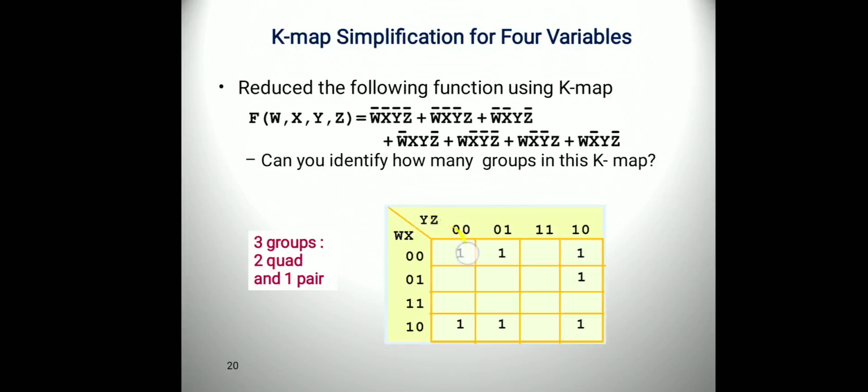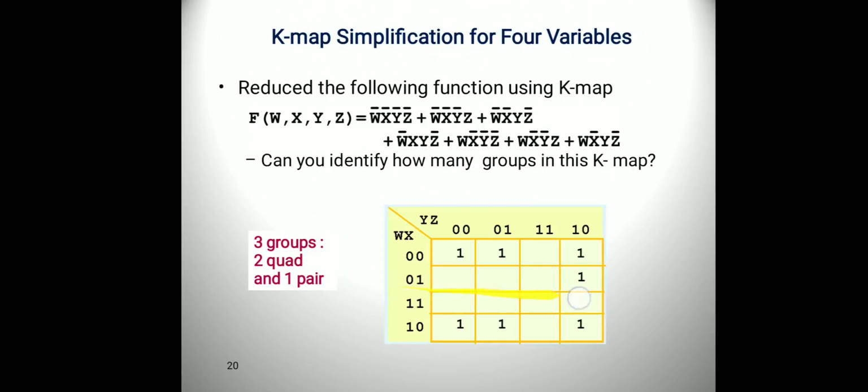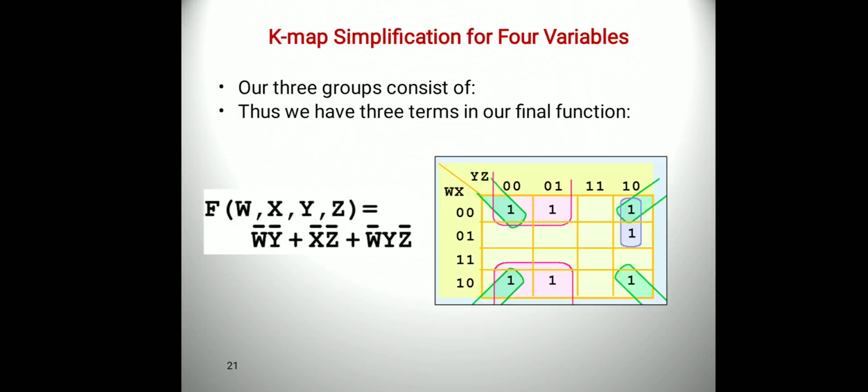And the corner ones, by folding and wrapping, all overlap one another, so these corner ones form a group. See here, like this there are two groups and one pair.